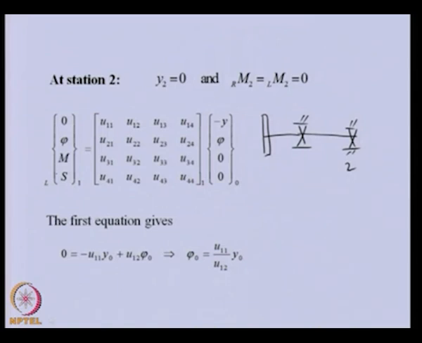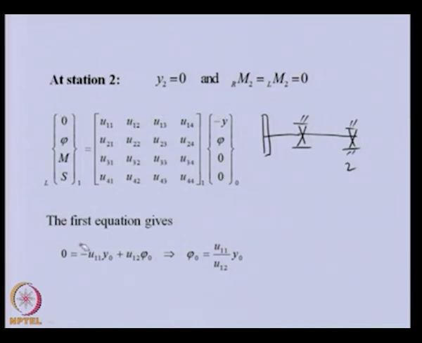In this particular case, at support 1 we have seen that the displacement y1 was 0. So, we have kept this as 0, and at station 0, because this is a free end, bending moment and shear force both are 0.